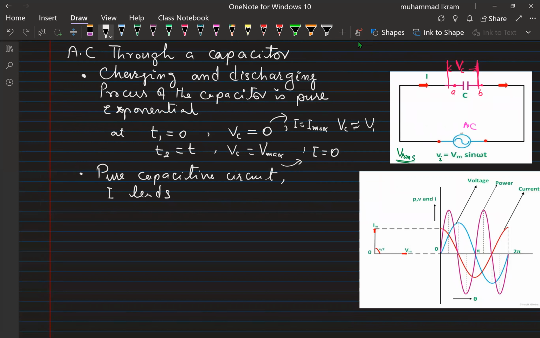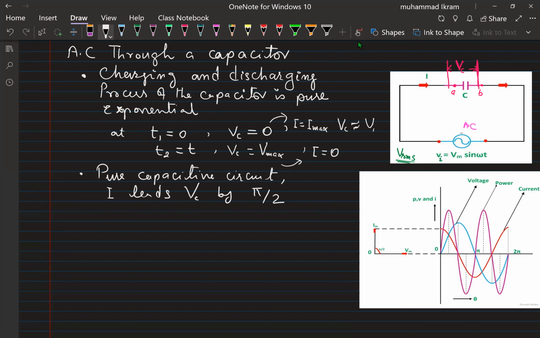I leads Vc by pi by 2, or we can say Vc lags I by pi by 2. So there is a phase difference of pi by 2 between I and V in the circuit.